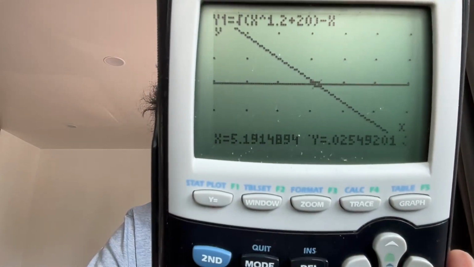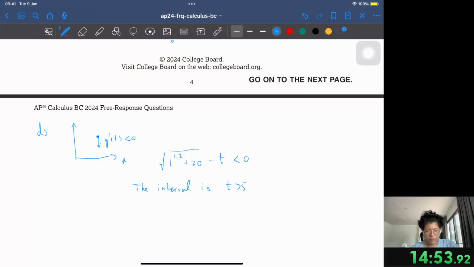So the interval is t is more than 5.2 from the graph, because to the right the value of that derivative is negative. So here you go, the interval is t is more than 5.2.